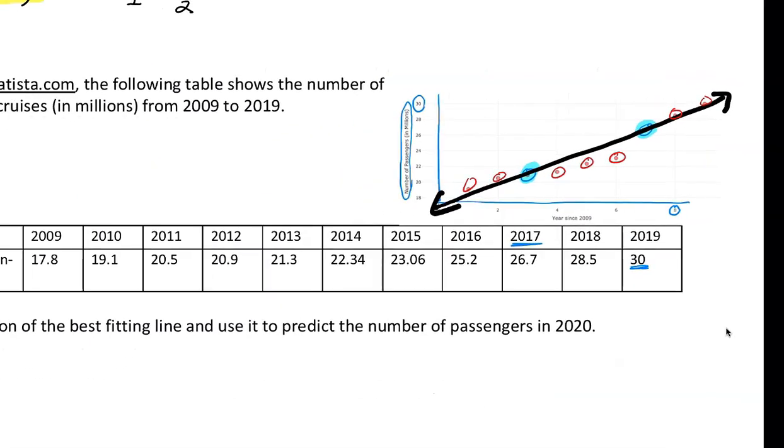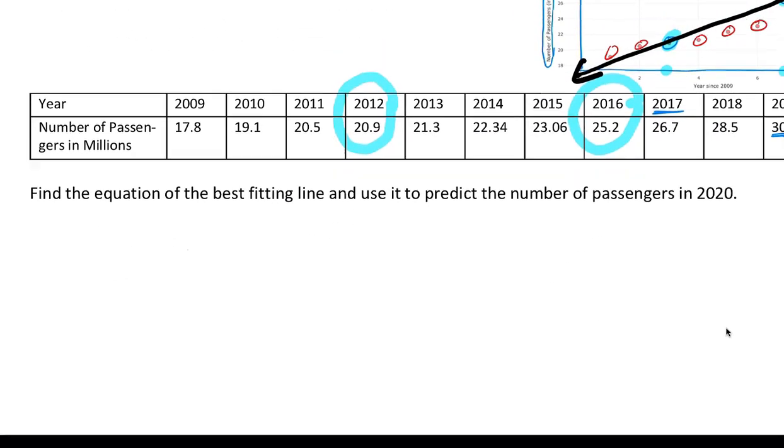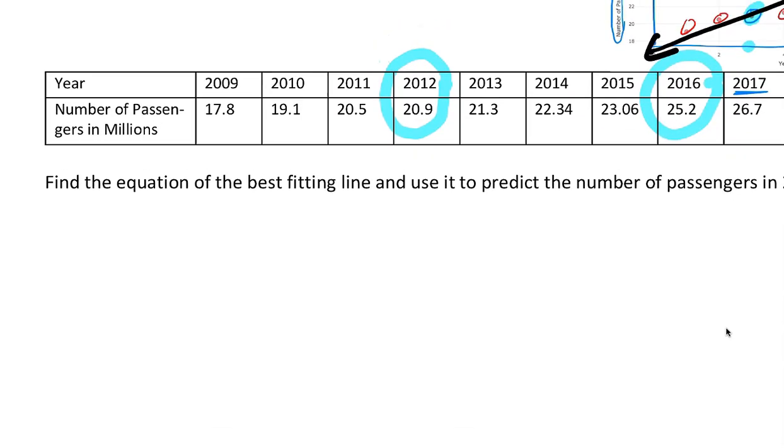That one on the left would correspond to 3 years after 2009, so that would be 2012. And the one on the right would be 7 years after 2009, so that would be 2016. So we're going to use those two ordered pairs to write an equation of a best fitting line. So first our slope would be the change in y over the change in x, which would be the change in passengers over the change in year.